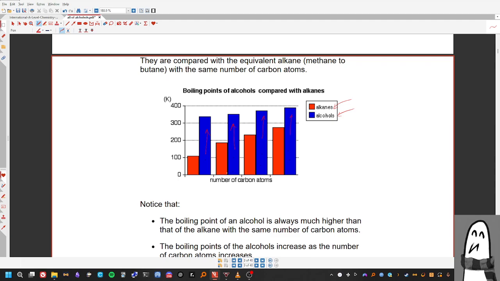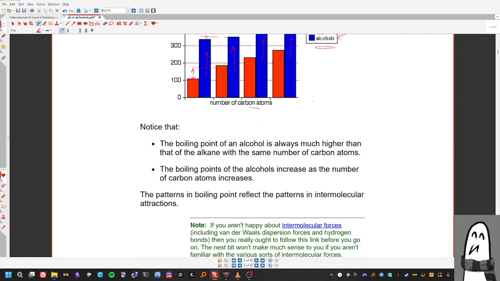However, increasing the number of carbon atoms doesn't really help the alcohols, but it does really help the alkanes. Look at that increase from there to about there. It's a very big increase compared to here, which is nothing, right? And we're having the same number of carbon atoms.